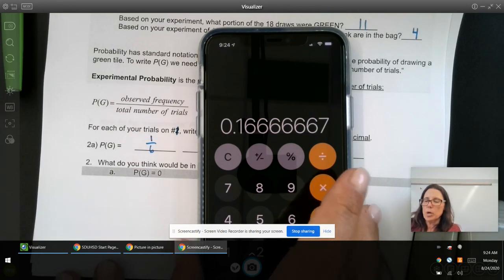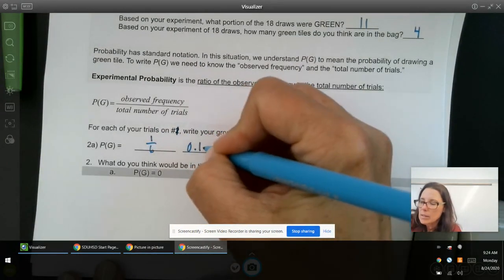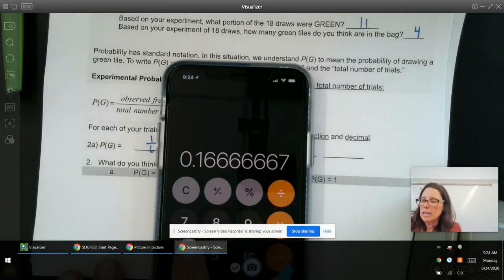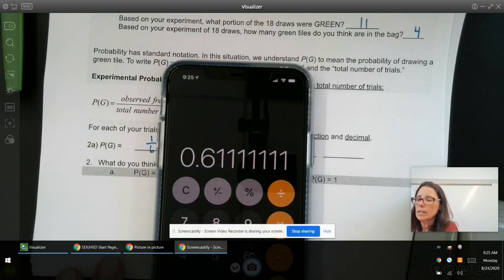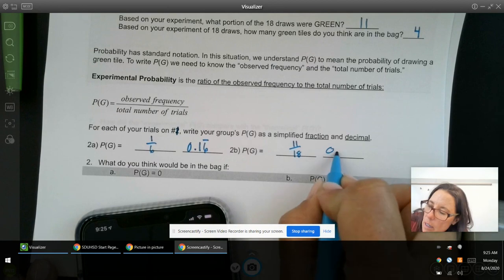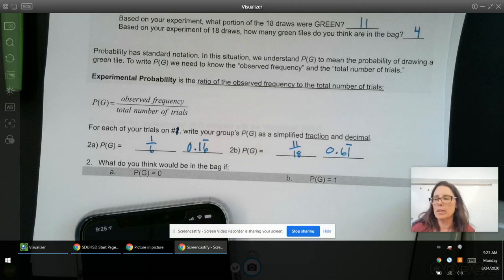Now let's try 11 divided by 18. Ooh, much different. 0.61 repeating. You can see with an experiment, there's some flexibility. It's a chance thing.